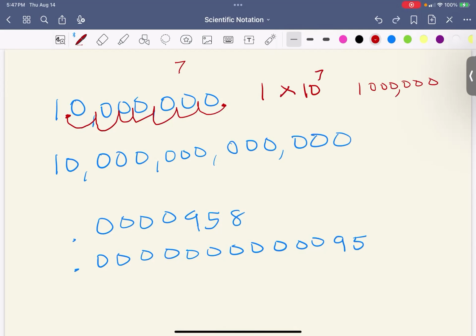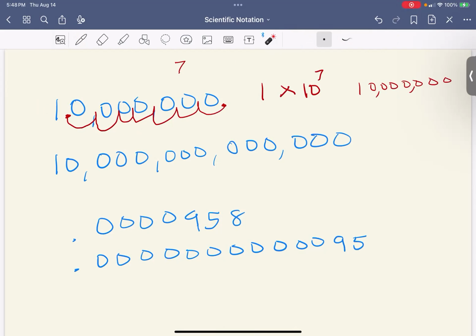Hold on a second. There we go. So we're going to now put in the commas, comma, comma. So 10 to the seventh power is 10 million. So that's how we solve this to write it in scientific notation.